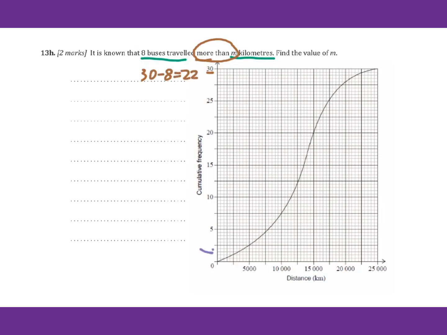We know the scale here is 0.5. This is a 20, 21, 22 here. This is a 22. So we draw the horizontal line. Then go down here.